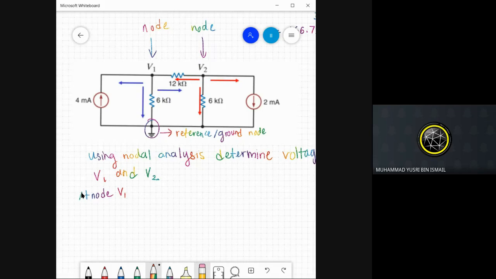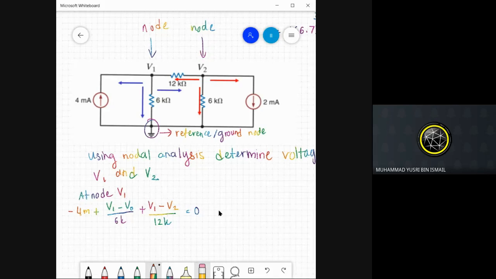So you will have a negative 4 milliampere, and then plus V1 minus V naught, which is V ground, divided by 6K, then plus V1 minus V2 divided by 12K, equal to 0.